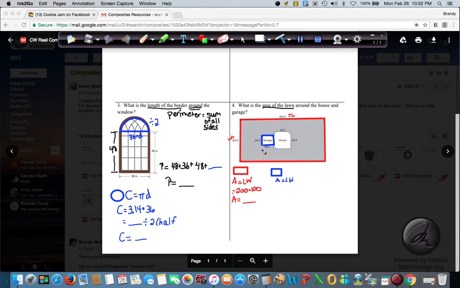And we can make our 30 feet the length, and we can make our 24 the width. So we're going to have area in this case is going to equal 30 times 24, and that's going to be how big our garage is.